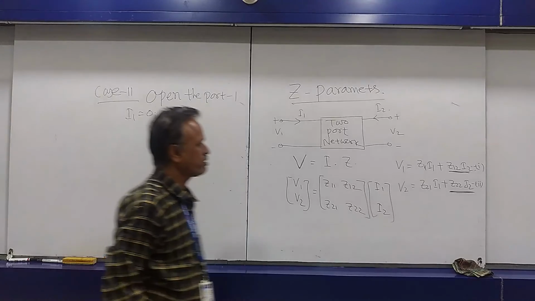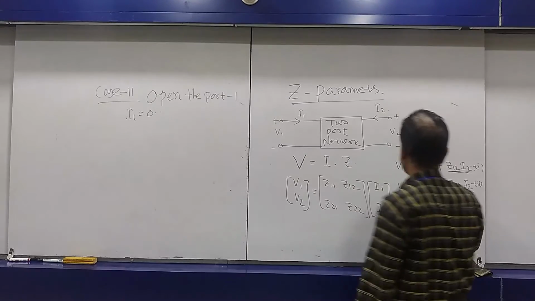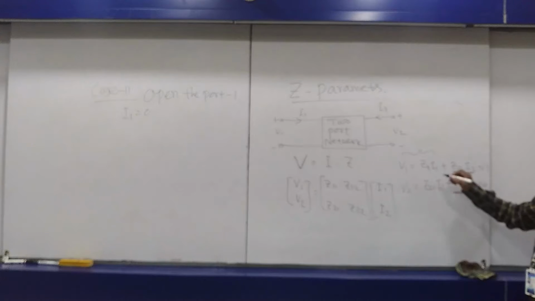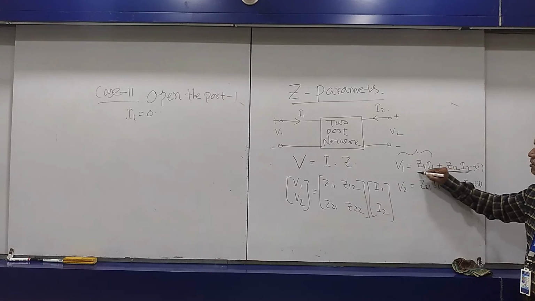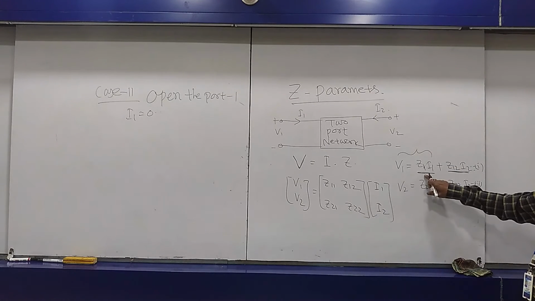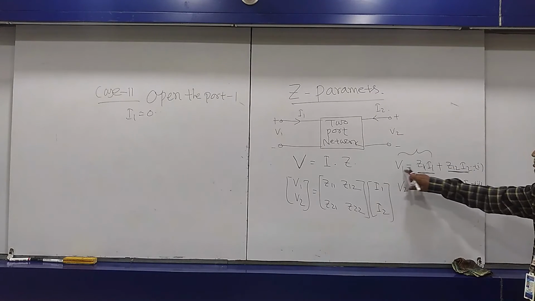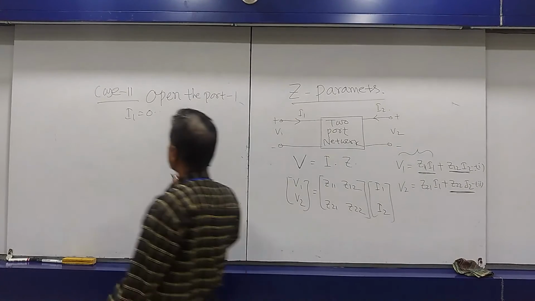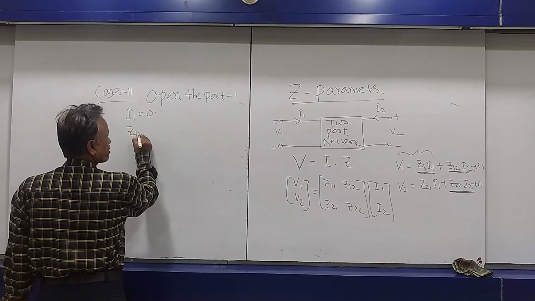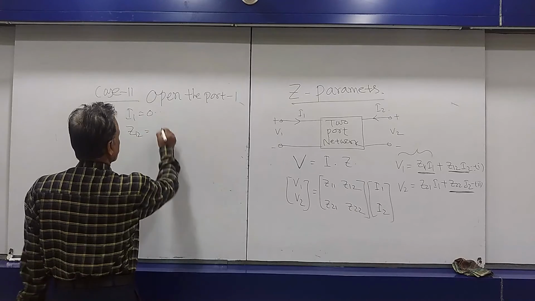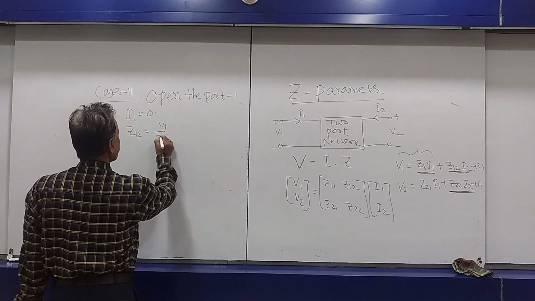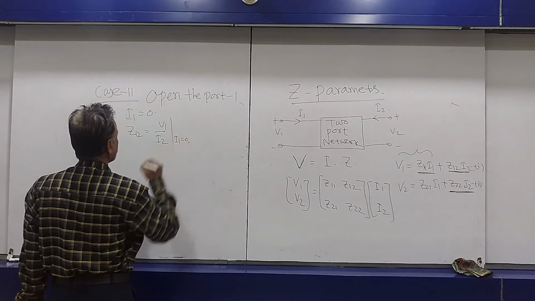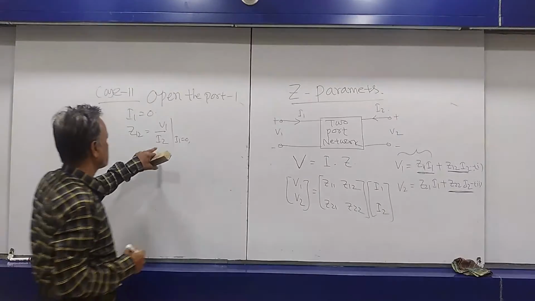So when I1 is 0, in the first expression this part will be 0. Then V1 will be equal to Z12 I2. From this, we obtain Z12 is equal to V1 by I2, also when I1 is equal to 0.